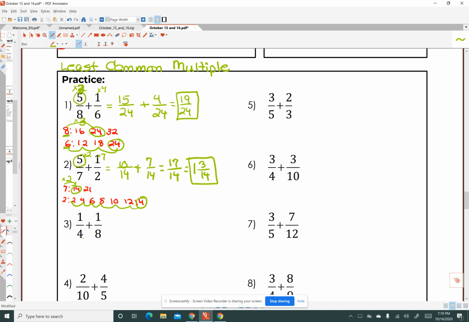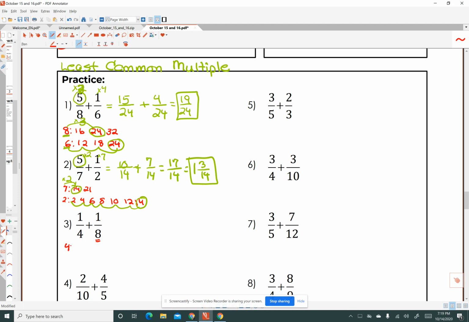All right, let's look at number 3. Now, sometimes you get a little bit lucky when you do these. And what happens is you have a denominator that will already work for you. And the reason it will already work is because 8 is a multiple of 4.